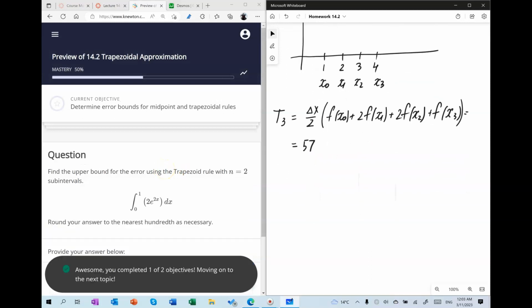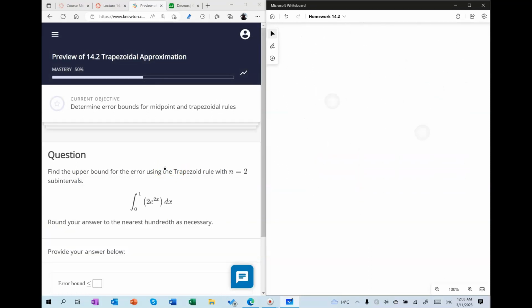All right, so the next question is about the upper bound, and let's extract the information. So a is 0, b is 1, n is 2, and in upper bound problems we need to know k, where k is the upper bound of the second derivative, and we don't know what it is.